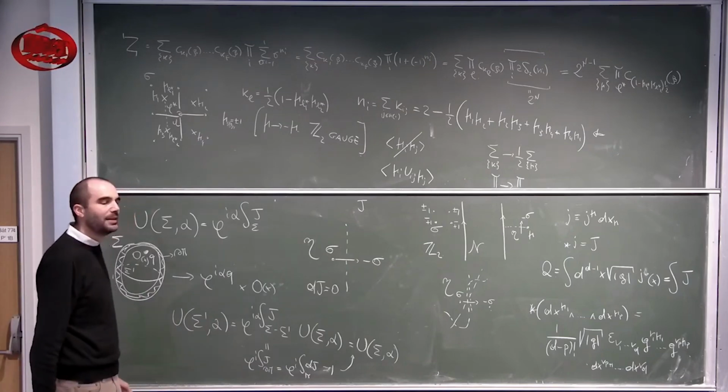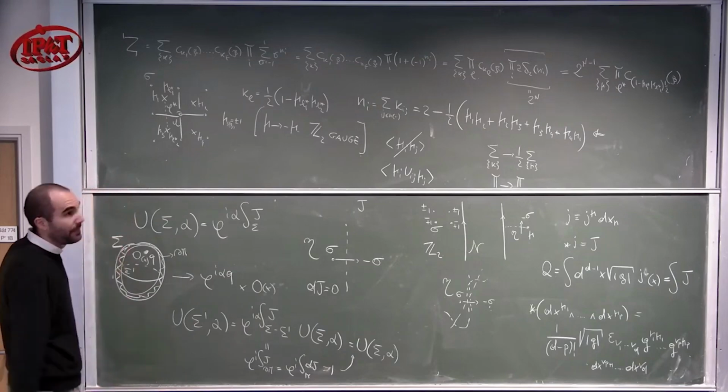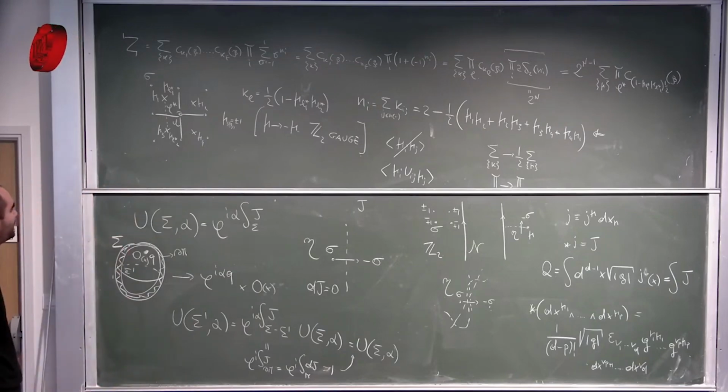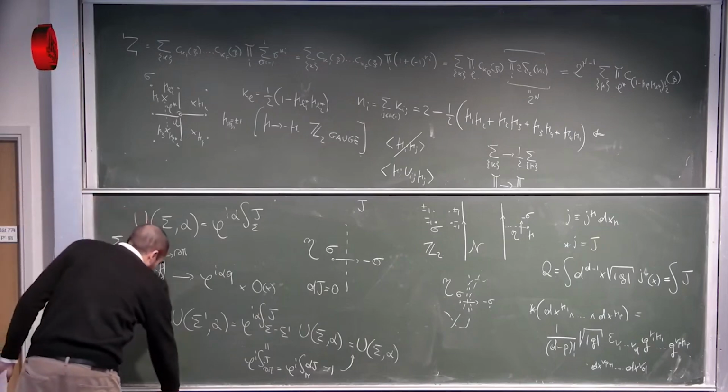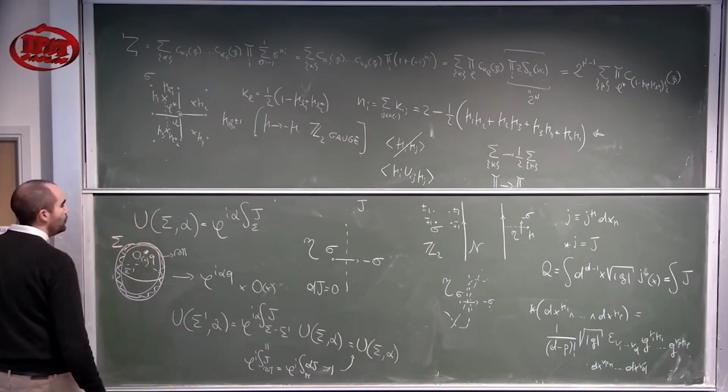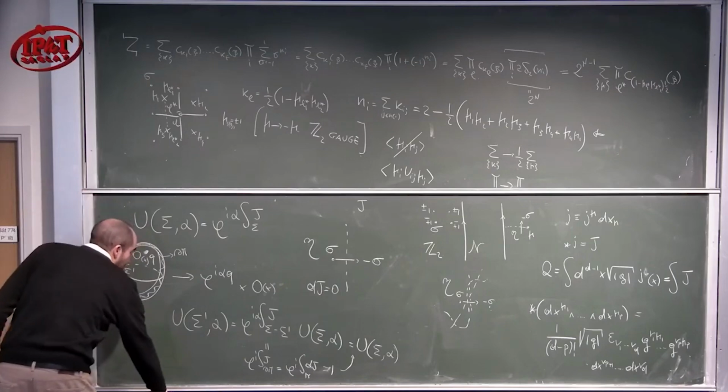Sorry, just to be clear, when you say the action of U sigma alpha on the local operator O of x, you mean making the U or U dagger or something like that? What's the action of U? Yes, it's this.